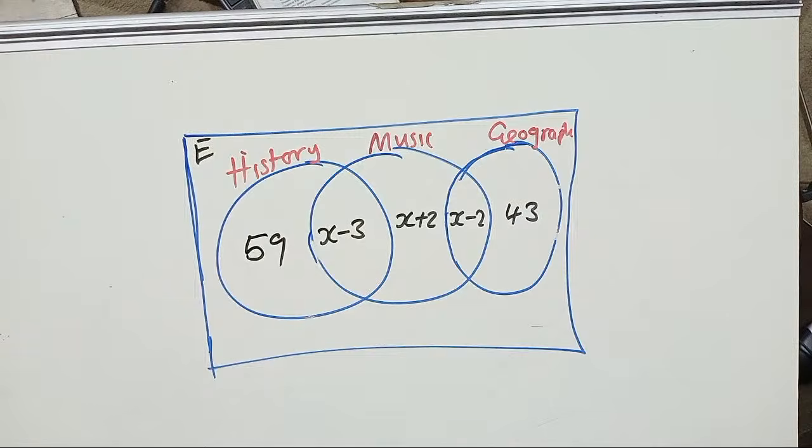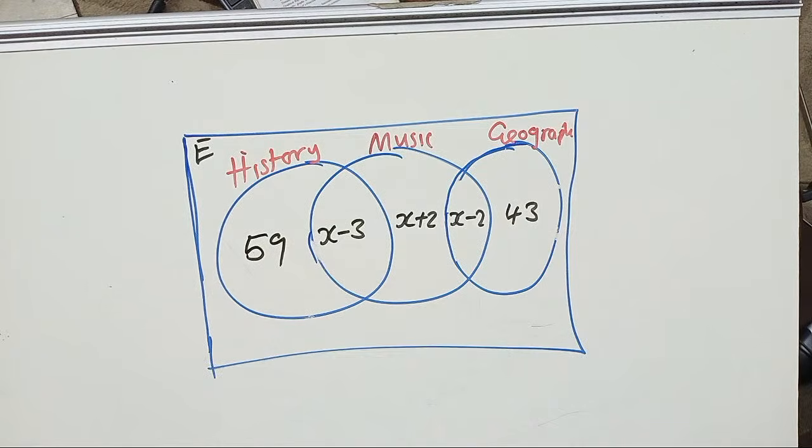Hopefully this is clear. The question reads, the Venn diagram below shows the optional subjects that all the grade 10 learners at Kusambilila Secondary School took in a particular year. Question 1, given that 12 learners took music, find the value of x.